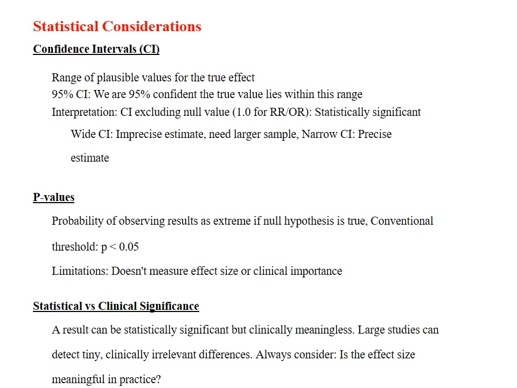A wide confidence interval is an imprecise estimate and needs a larger sample, and a narrow one means a precise estimate. What is the p-value? The probability of observing results as extreme if the null hypothesis is true. The conventional threshold is p less than 0.05. Limitation: it doesn't measure effect size or clinical importance.